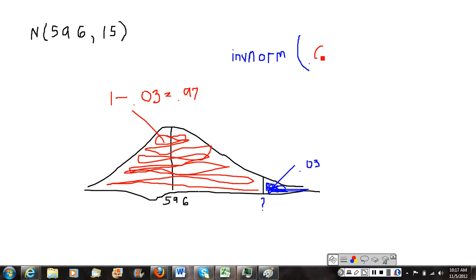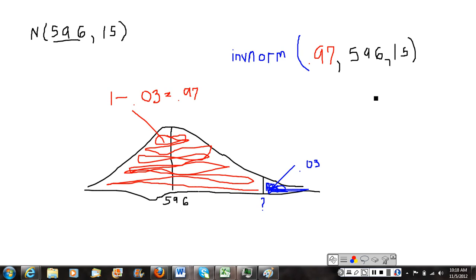So our first entry would be 0.97. Then it wants the mean and the standard deviation, and we indicated over here that the mean was 596 and the standard deviation was 15. So that's what we're going to be entering into our inverse norm command.